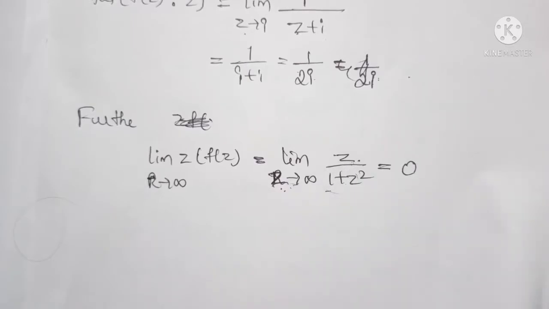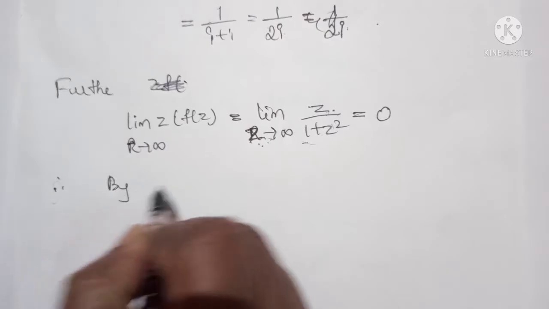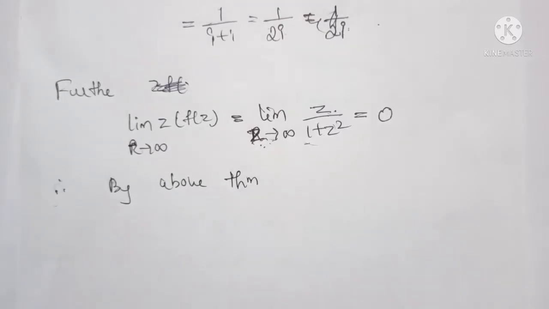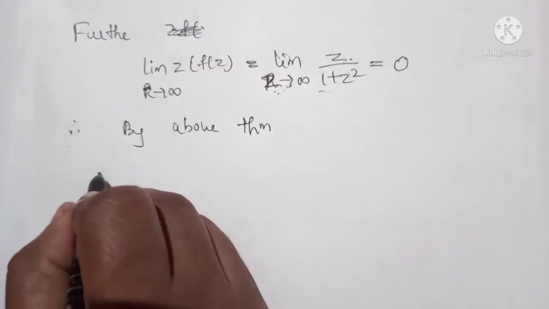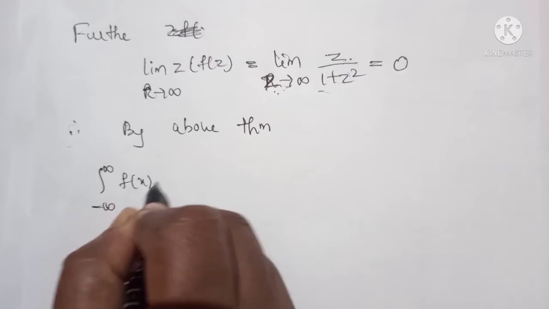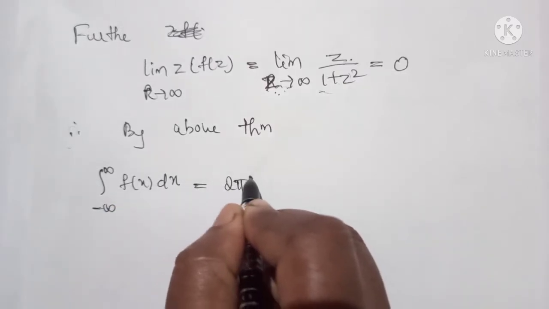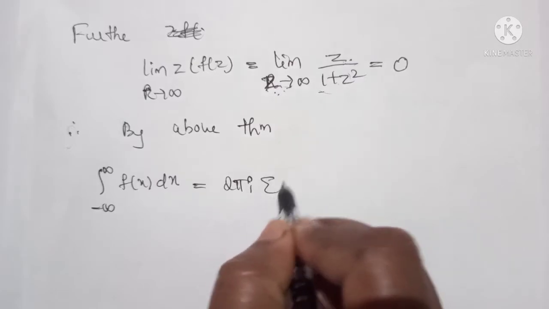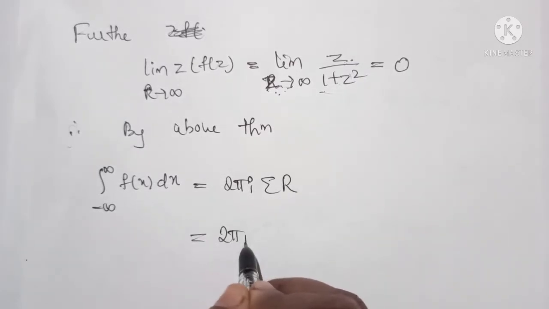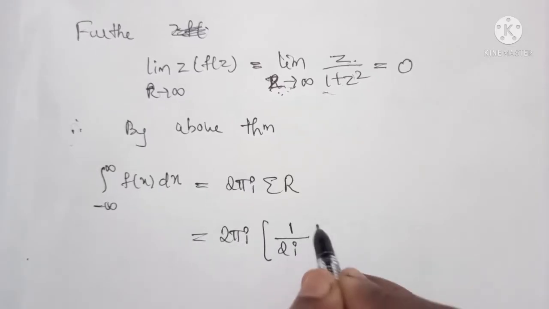Therefore by the above theorem, the integral from minus infinity to infinity of f of x dx equals 2 pi i times the sum of the residues, which equals 2 pi i times 1 by 2i.